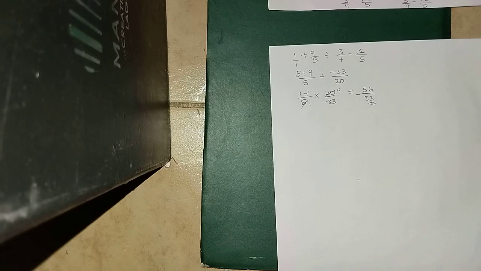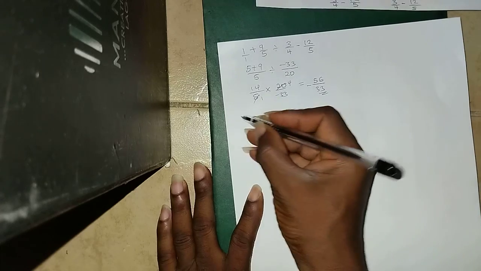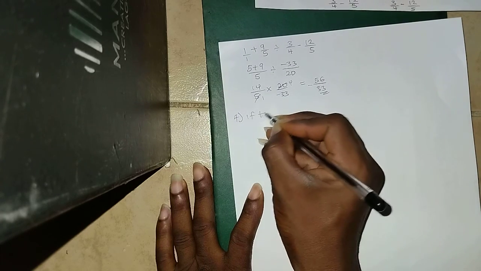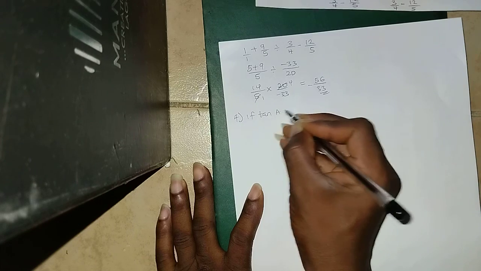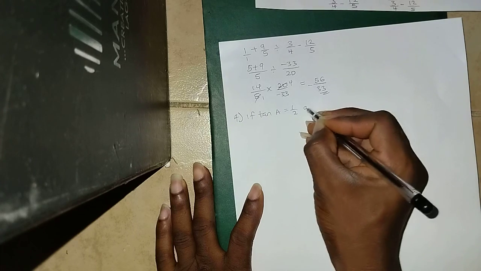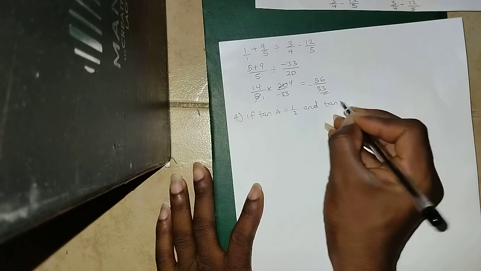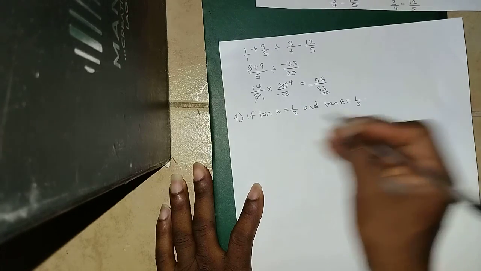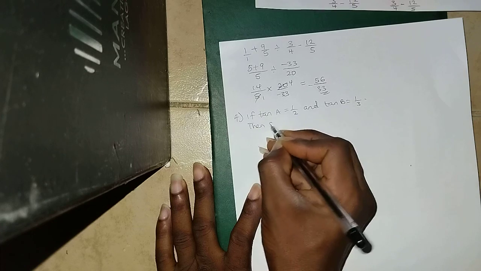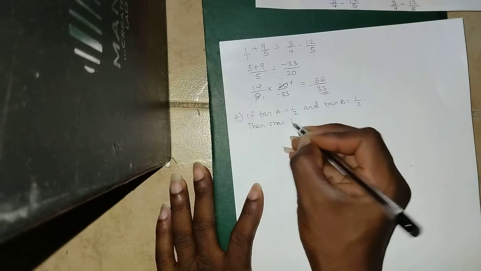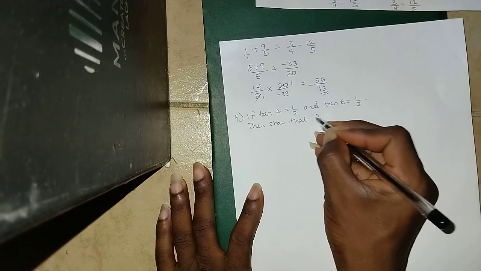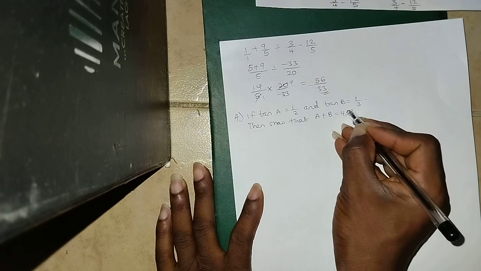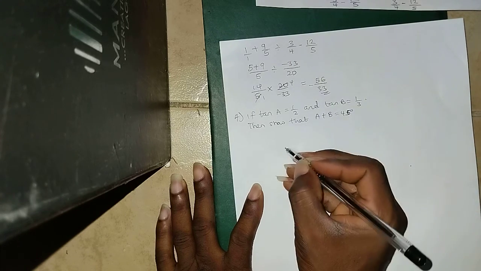So also we can look at another example. Example 4. If tan A is equal to 1 over 2 and tan B is equal to 1 over 3, then show that A plus B is equal to 45 degrees.